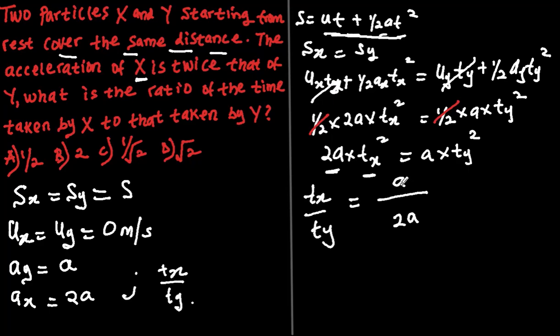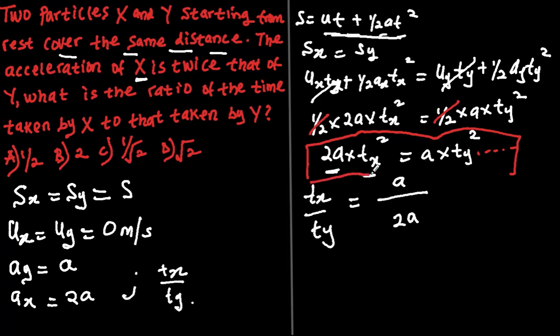Now, the second trick you can use is that whenever you want to do this kind of thing, you must do it such that if you cross multiply, you go back to this equation. So if I cross multiply, I'm going to go back to this equation. If you try and cross multiply, just see.